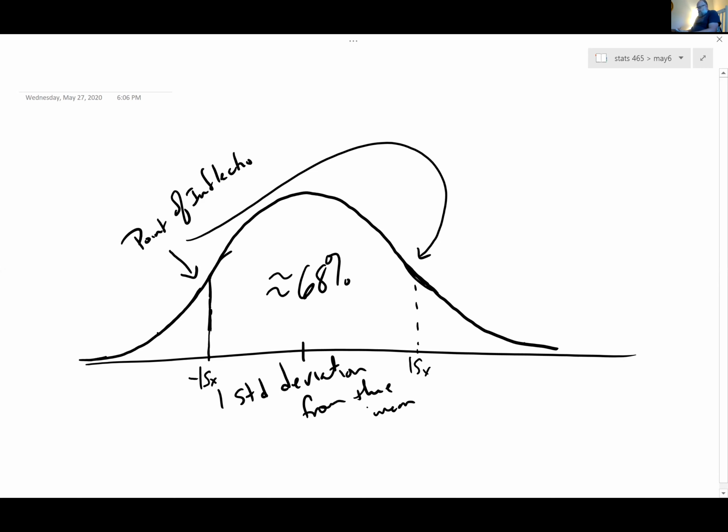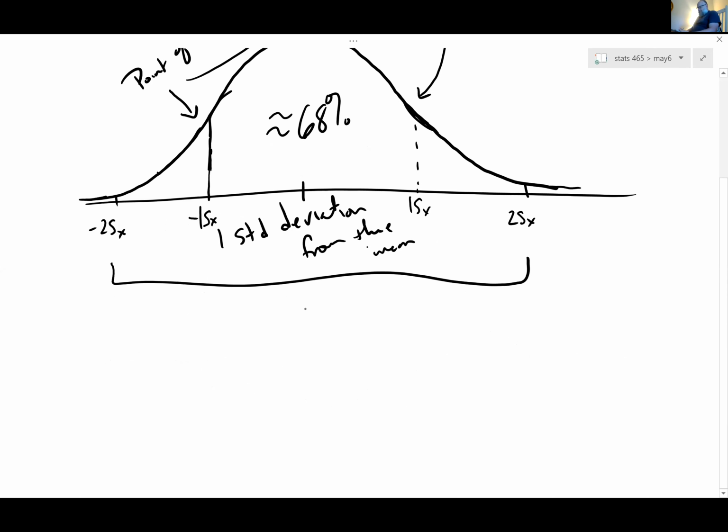If you go out another standard deviation, that is 2 standard deviations and -2 standard deviations, between here and here, that's most of it. It's roughly 95% of the population within 2 standard deviations of the average. Well, what about 3 standard deviations? Well, 3 would be out here somewhere.